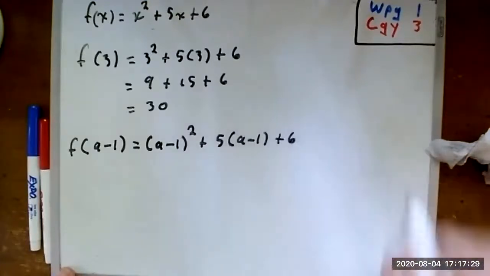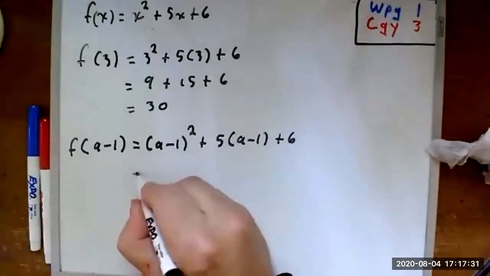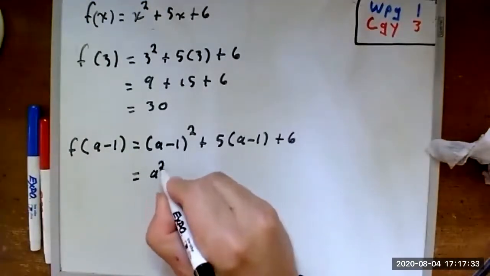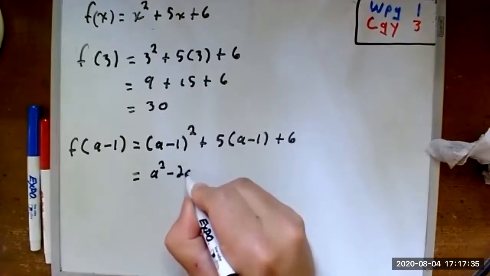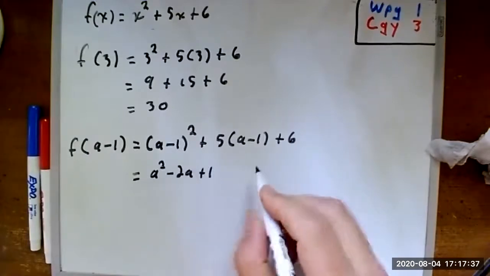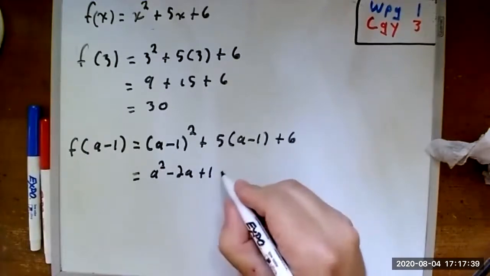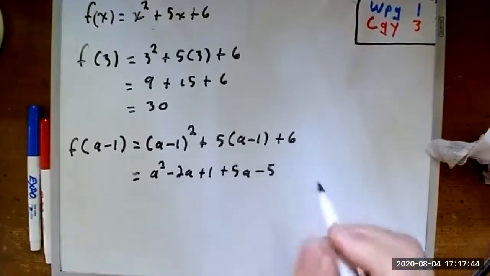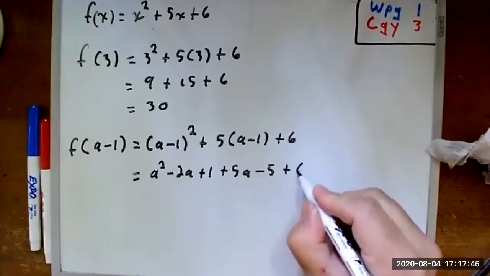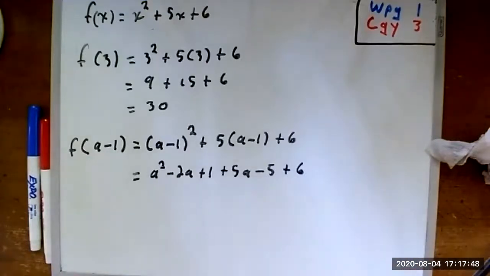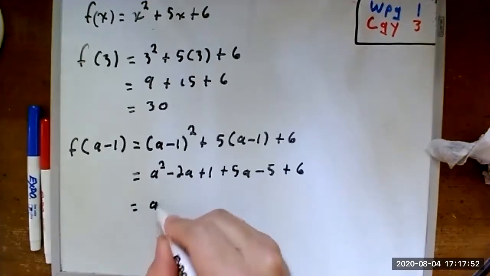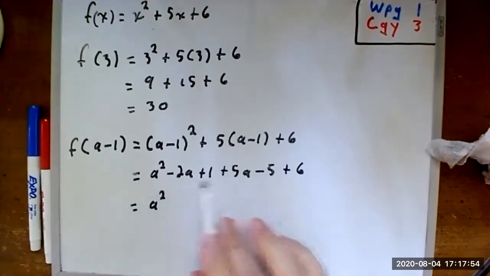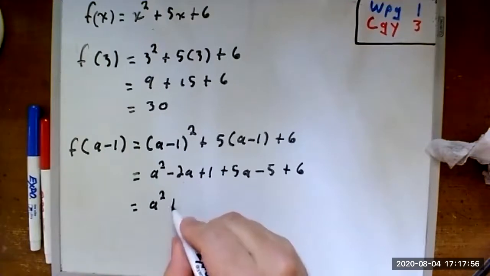So I end up with a minus 1 squared plus 5 times a minus 1 plus 6. A minus 1 squared becomes a squared minus 2a plus 1. 5 times a minus 1 becomes 5a minus 5. And then the 6 comes along.